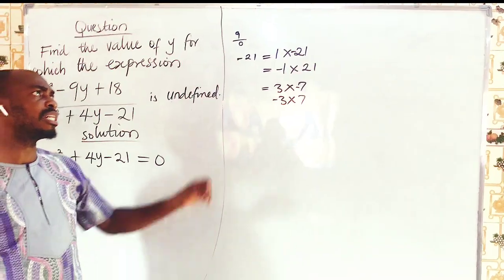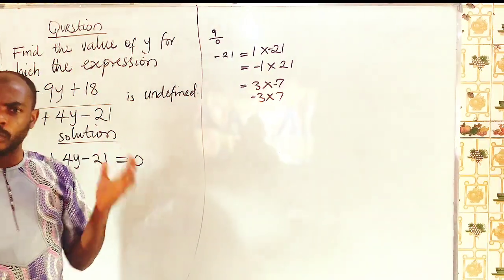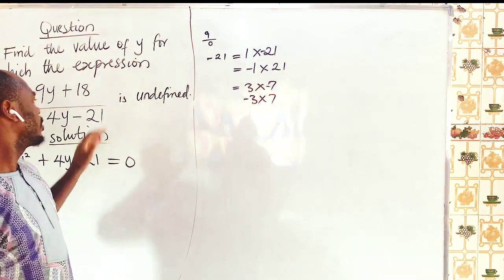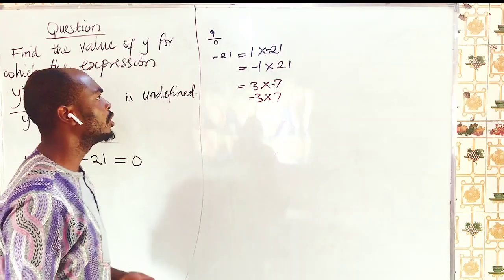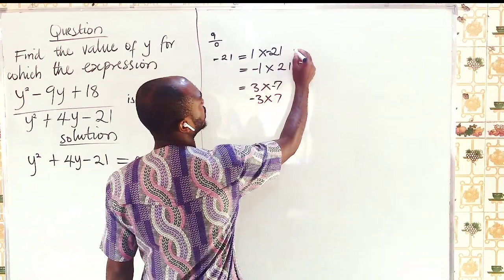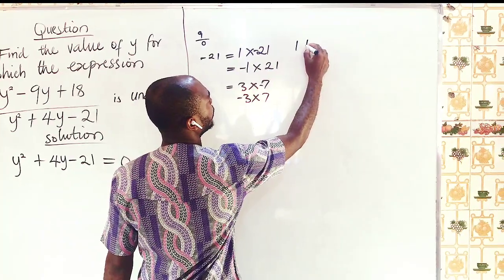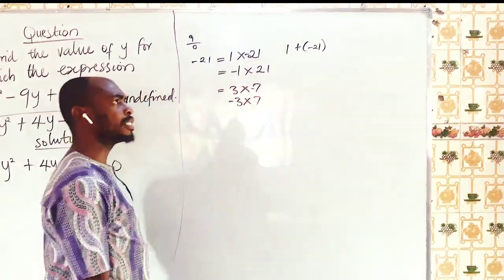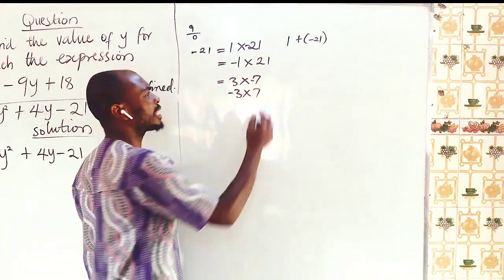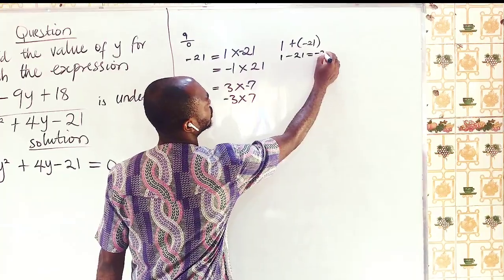So we are going to take the sum of these pairs of numbers, and the one that will give us positive 4 is the number we are going to use. At this point, we pick 1 plus negative 21. That is the same as 1 minus 21, which is negative 20.